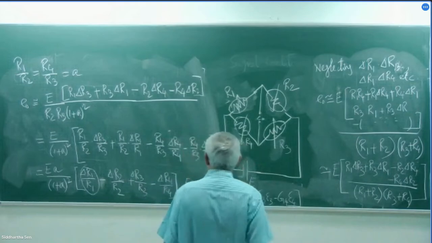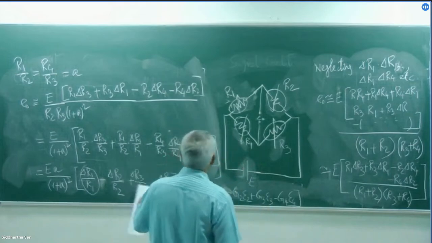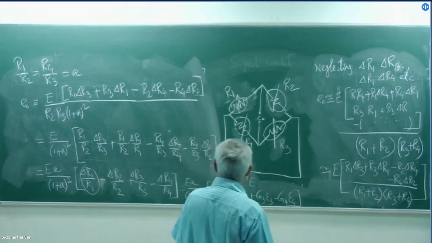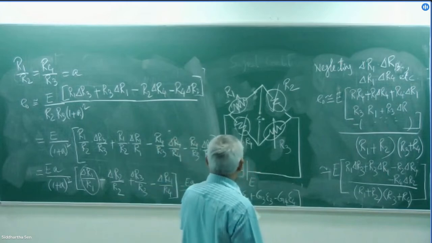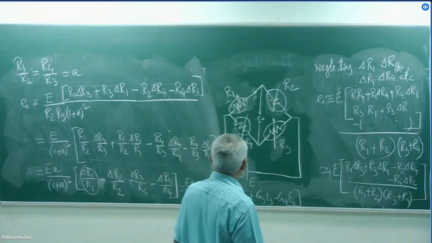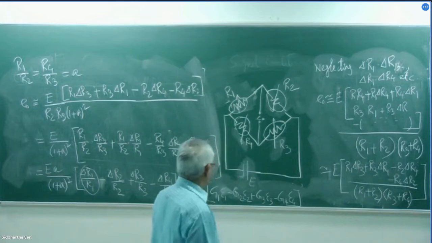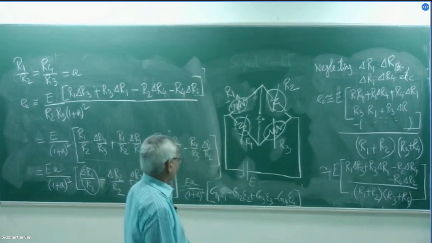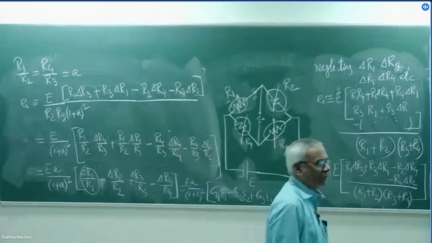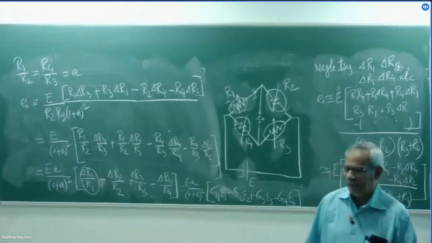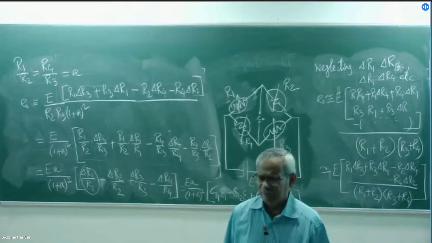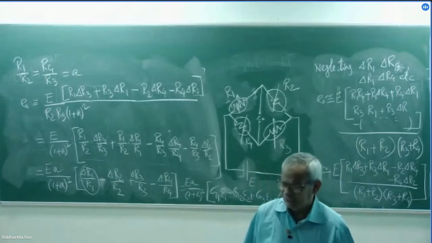So here, if A is equal to 1, which is the case in most cases, it would be E by 4 into G1 epsilon 1 minus G2 epsilon 2 plus G3 epsilon 3 minus G4 epsilon 4. So using this one, we can get an idea, approximately, obviously, because the strain is very small, the approximation is quite standard.